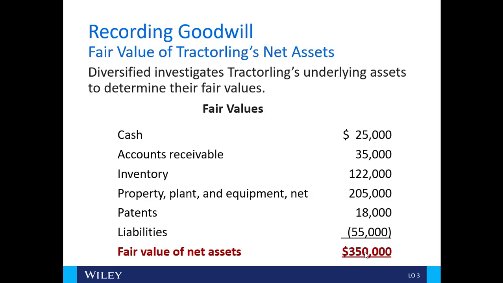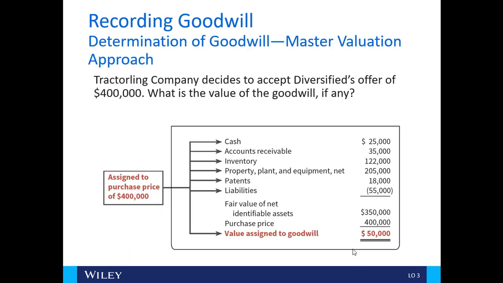However, the parent company bought Tractorling not for $350,000. They like the company and they believe in it. They believe that maybe the managers are very talented and the company's got some really good customer relationships. And so instead of paying what the company's assets are worth at fair value, they pay $400,000. So they pay more than the fair value. So that's the goodwill. The goodwill is how much the parent company paid more than the fair value of the company.